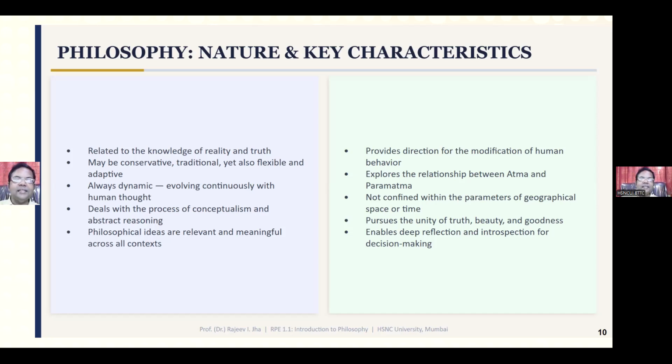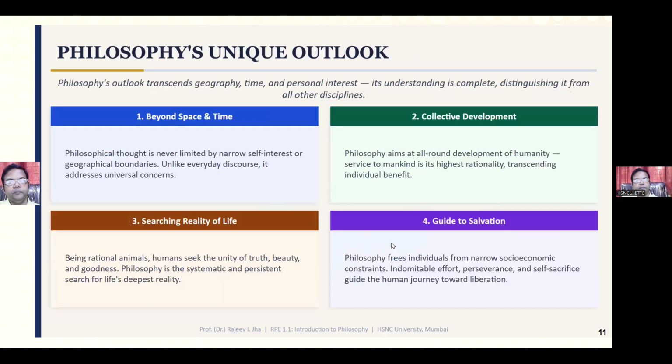Now, let us examine 4 particular features of philosophy's unique outlook, dimensions that set it apart from every other discipline. When we say philosophy's outlook is different from other disciplines, we mean something specific.